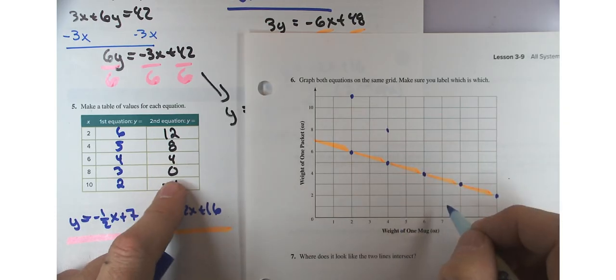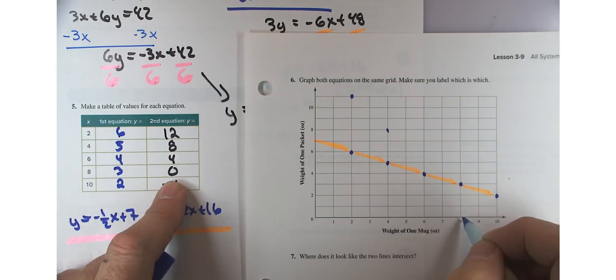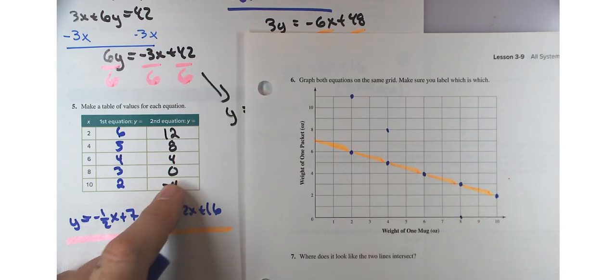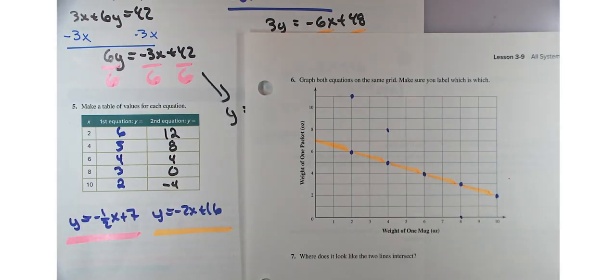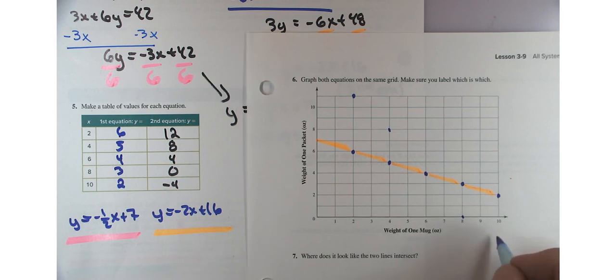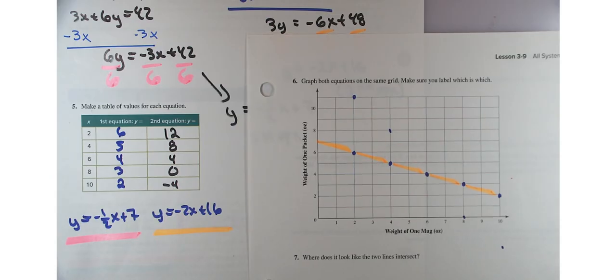And then 8, we're at 0. And we can kind of figure out what's going to happen at 10. At 10, you'd be down here at negative 2. So probably about there, I'm guessing. Not that I necessarily think we need that point, but that's all right.